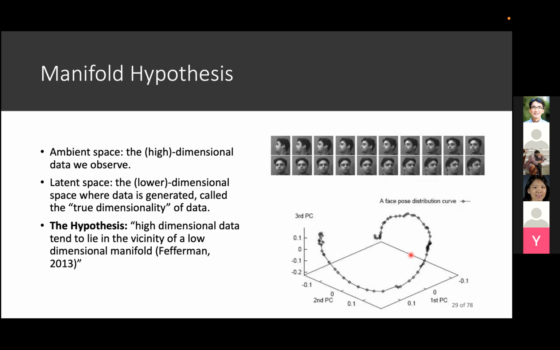That's why dimensionality reduction algorithms are so popular. This is a hypothesis laid out without any proof or theoretical justification, but it seems to be a very useful heuristic. And here I want to give some examples.